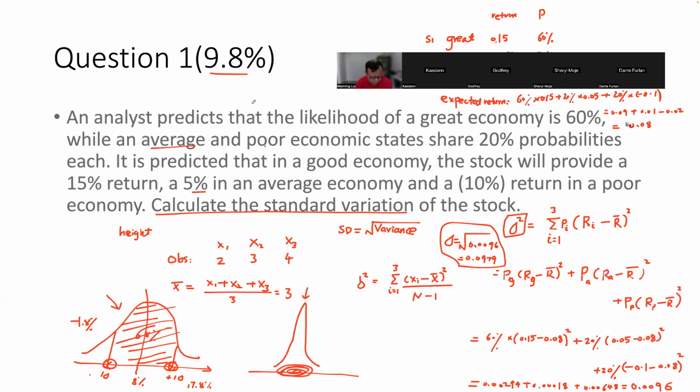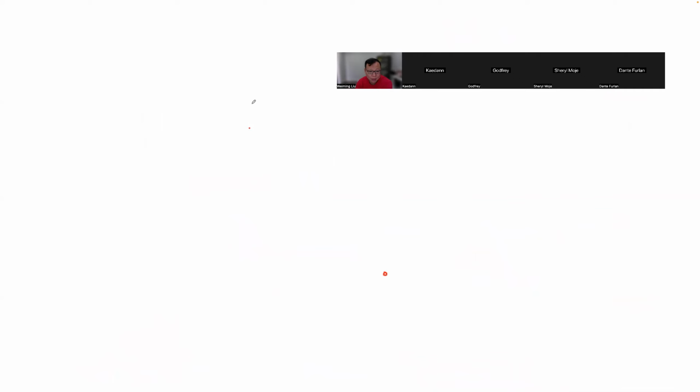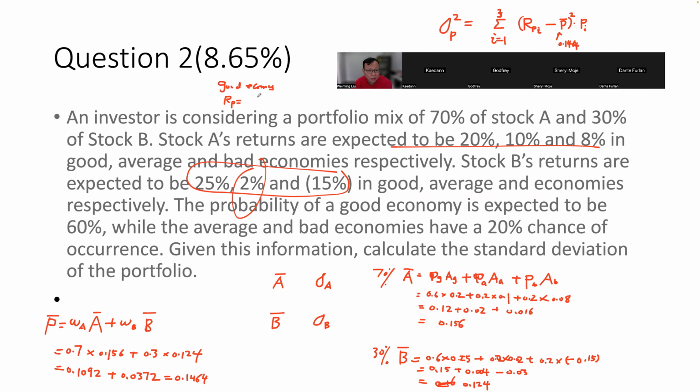You apply the weights: weight on A times A's return in a good economy, plus weight on B times B's return in a good economy. So 0.7 and 0.3.